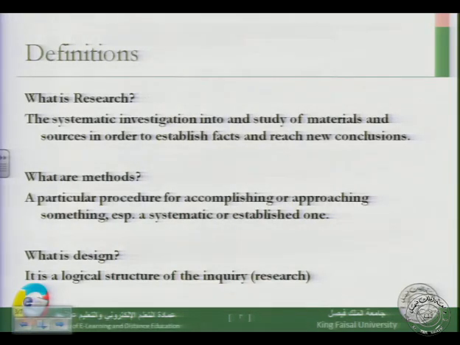What I mean by humanities, I mean studying things related to humans, like history, like languages, like sociology, and so on. It's difficult to establish facts until we are 100% sure.